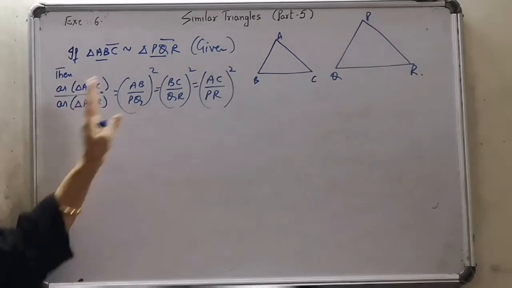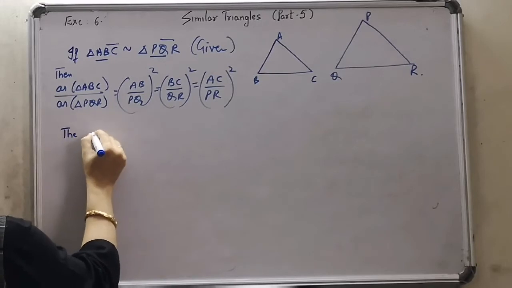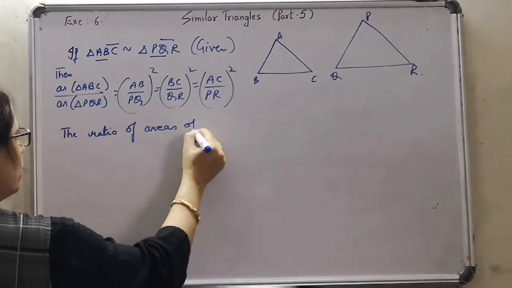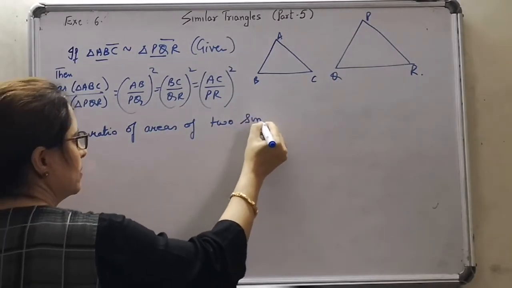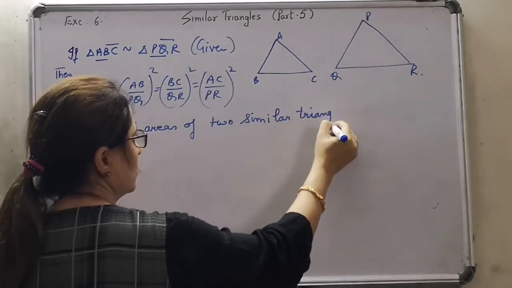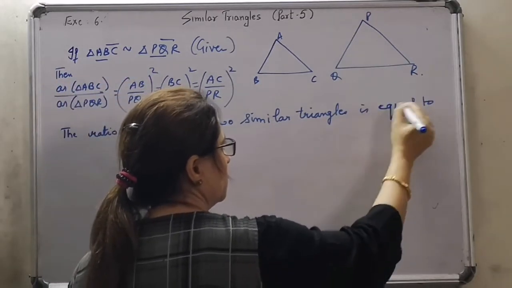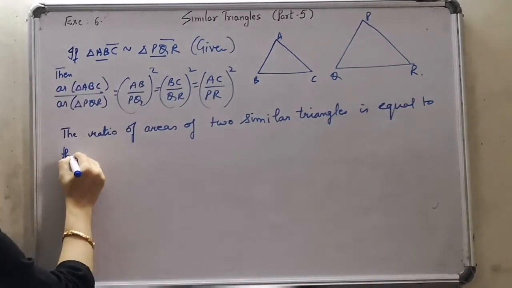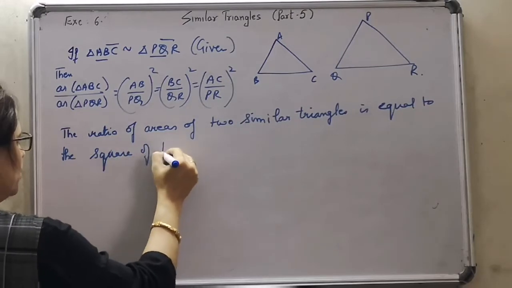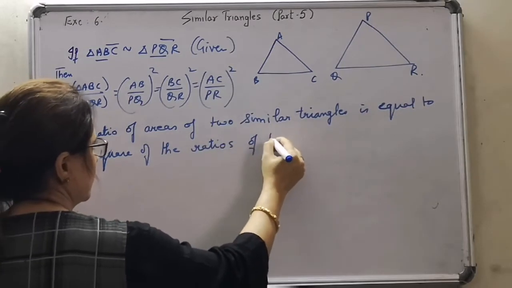अगर वर्ड्स में लिखें तो इसका क्या मतलब बना? The ratio of areas of two similar triangles is equal to the square of the ratios of their corresponding sides.